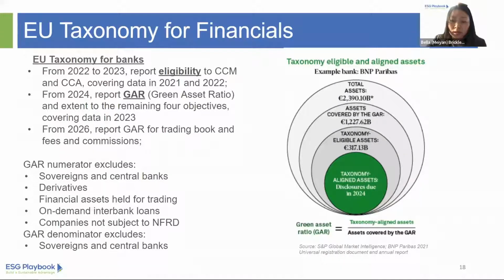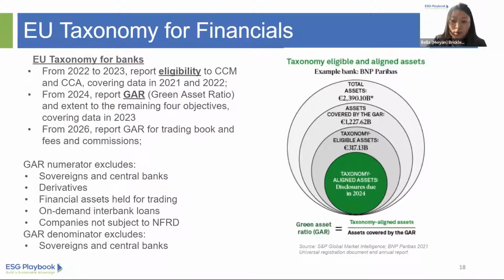So the alignment KPI for banks is the green assets ratio, also referred to as GAR. It's calculated as aligned assets divided by total GAR assets. If you look at the chart on the right, it is an example of BNP Paribas assets breakdown and how the GAR is calculated. The numerator is aligned assets.